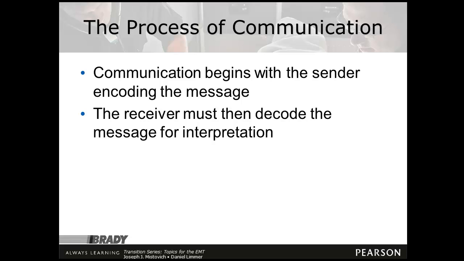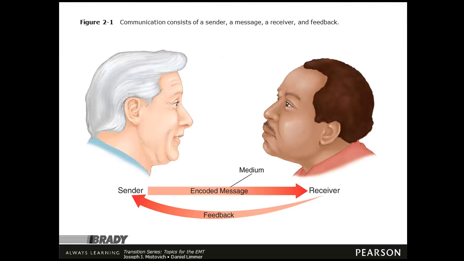It's important that the message be decoded accurately to ensure effective communication. The receiver should provide feedback by responding to the sender, communicating what they understood from the message that was sent. Here's an image showing a person sending, a person receiving, and then providing feedback.